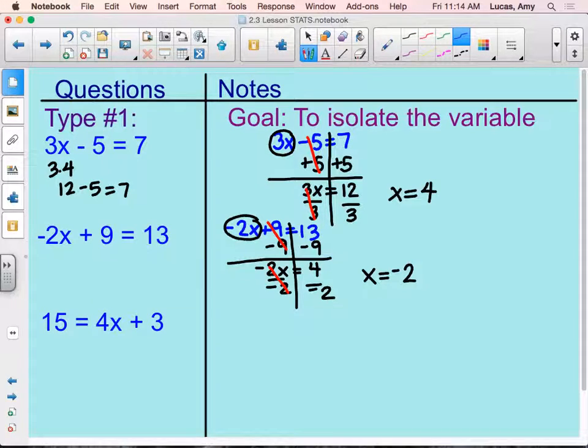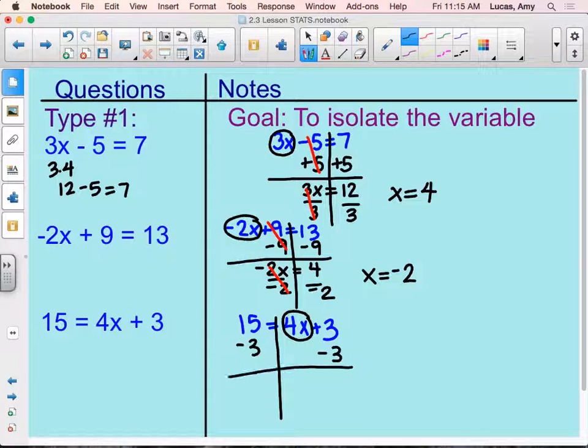My third one, 15 equals 4x plus 3. Same approach again. My variable's on the right-hand side this time, but that's okay. So I circle that variable part, 4x. After it I have plus 3, so I subtract away that 3. 15 minus 3 is 12, so 12 equals 4x.